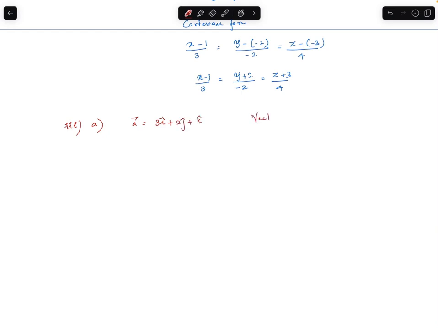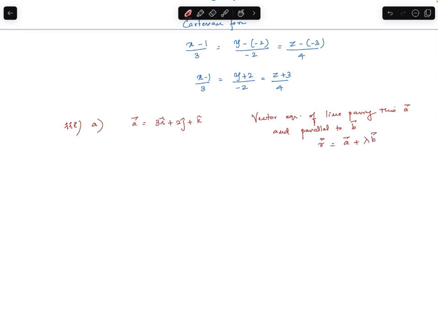Now the vector equation of a line passing through the position vector a and parallel to b vector is given by r vector is equal to a vector plus lambda times b vector.